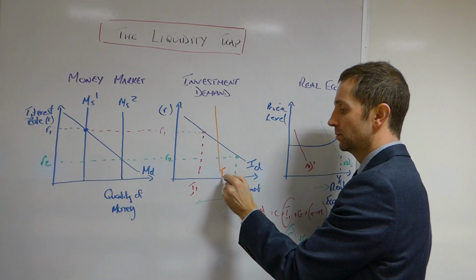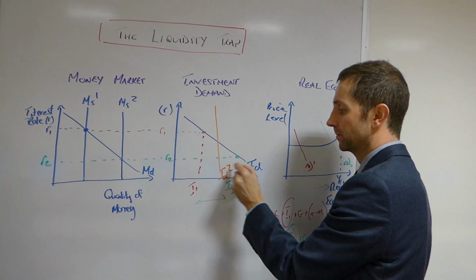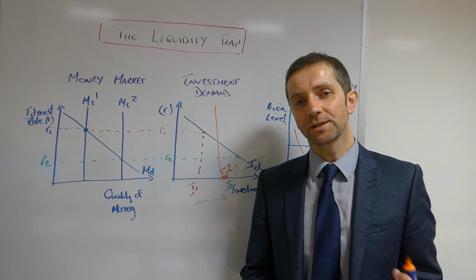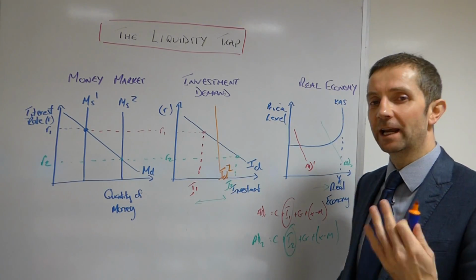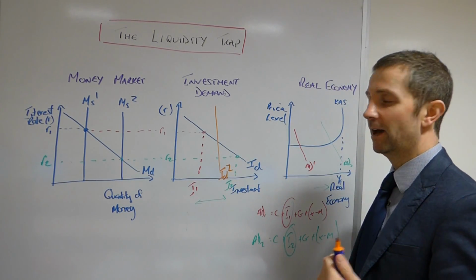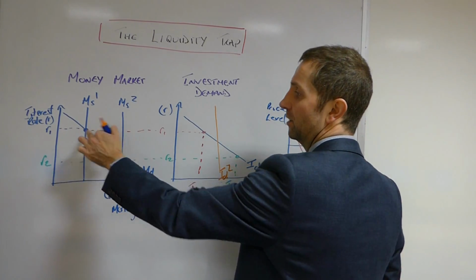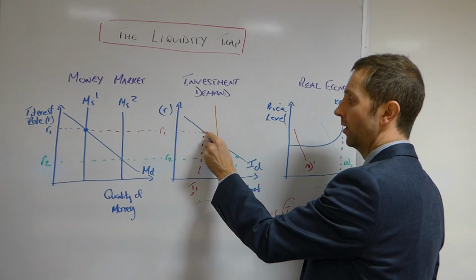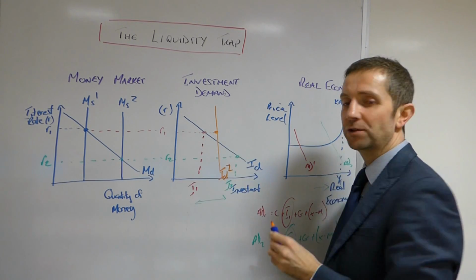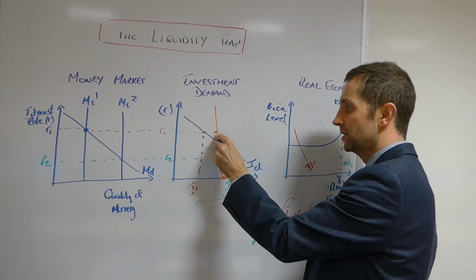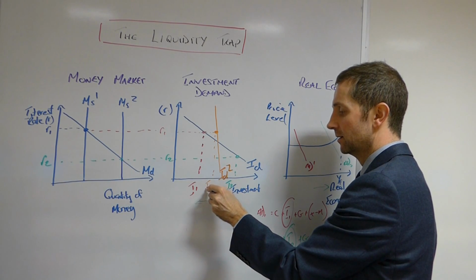Like so. Let's put this one on ID2. Now what does that mean in terms of our interest rates and the levels of investment? Well, if we take this original level R1 and just carry that on, that would mean that our first level of investment demand would be right there, I1.